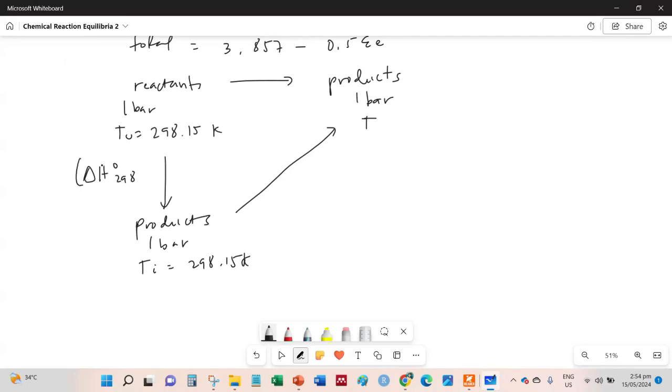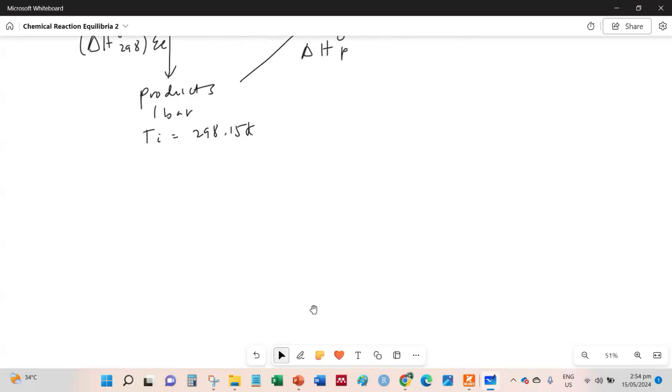But you have to multiply this by the reaction coordinate because the delta H would just depend on the extent of the reaction. And then from here, it's the delta H of raising the temperature of the products from T equal to 298 to a certain temperature T. So this would be sensible heat.